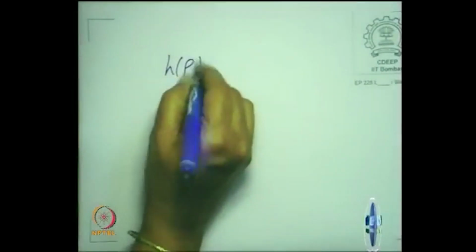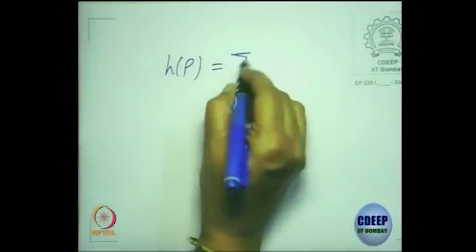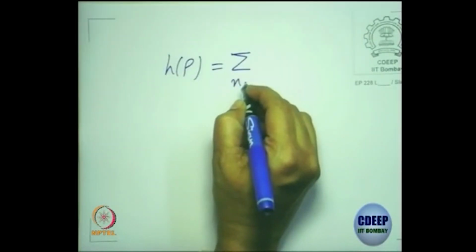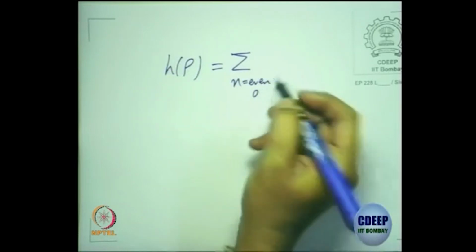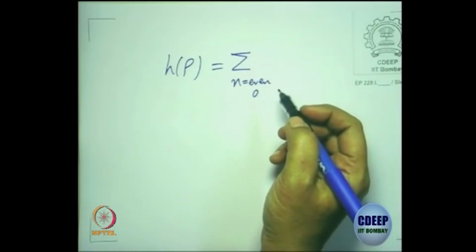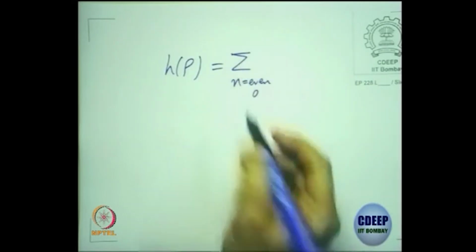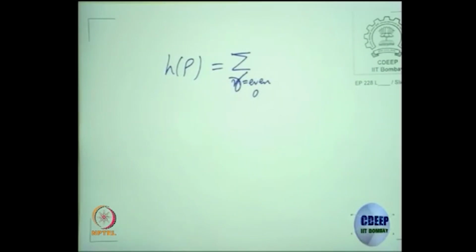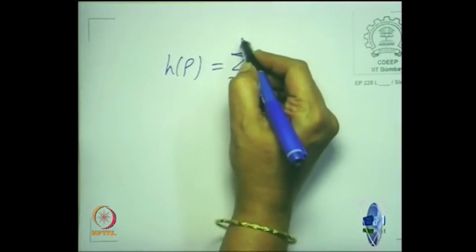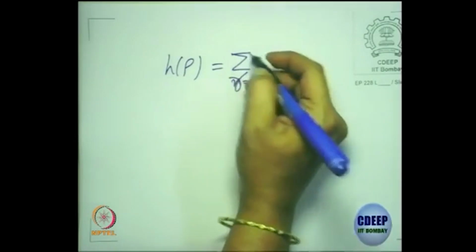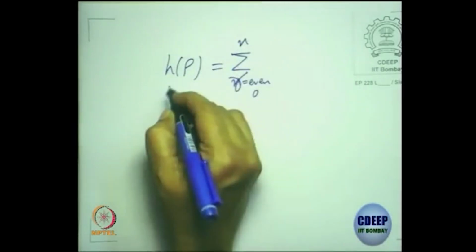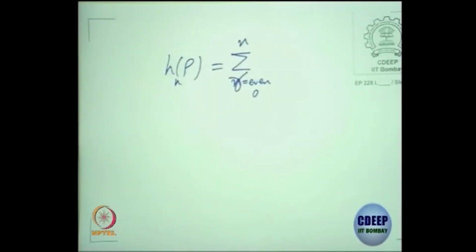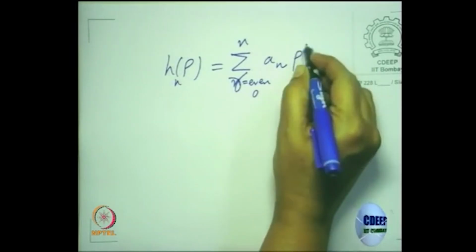The solution is H of rho will be the summation over n even from 0 to some specific value, let me write it as r, 0 to n. So you take it only in steps of even numbers, An rho to the n.